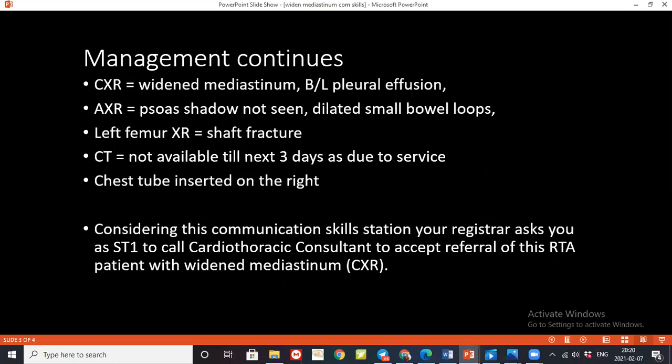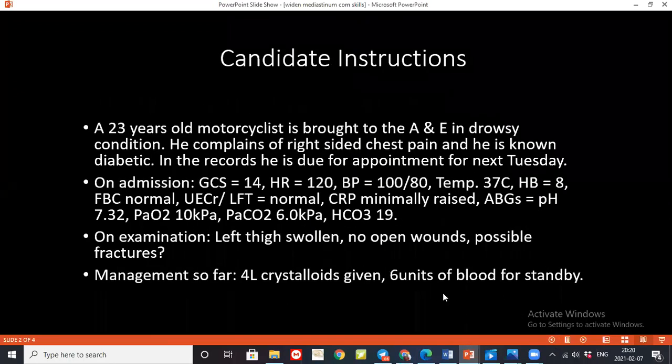Okay. So is there any chest tube in place, and what is the output, if there is any? What is the patient's output?